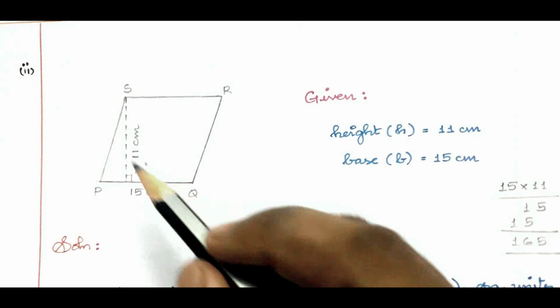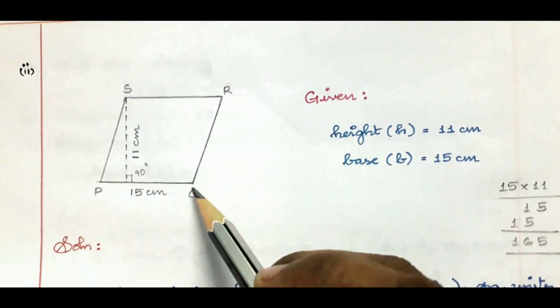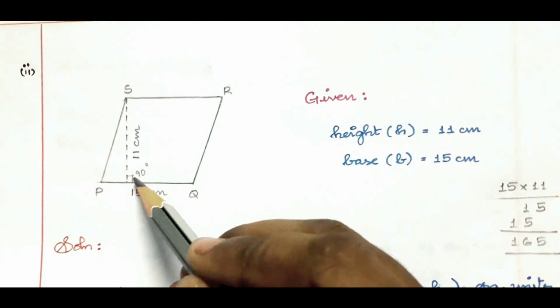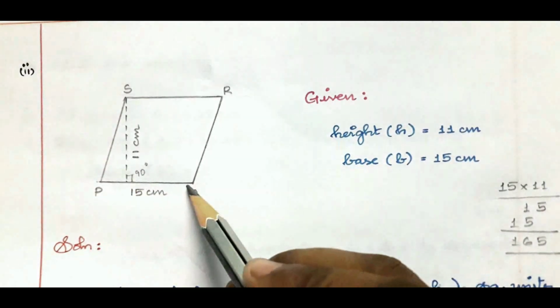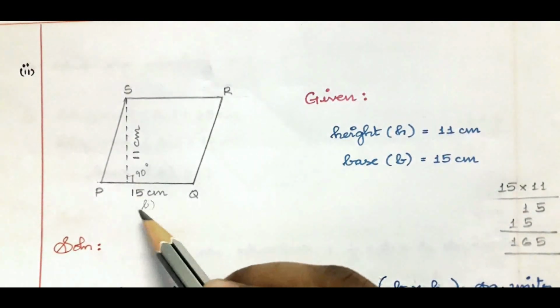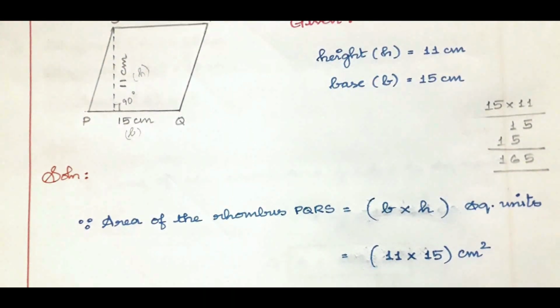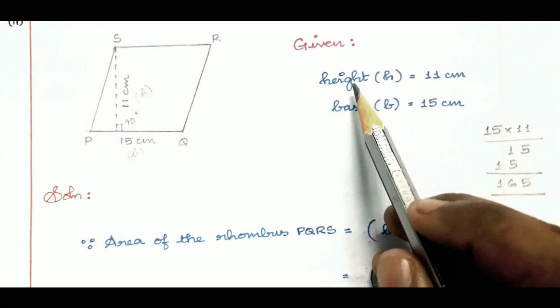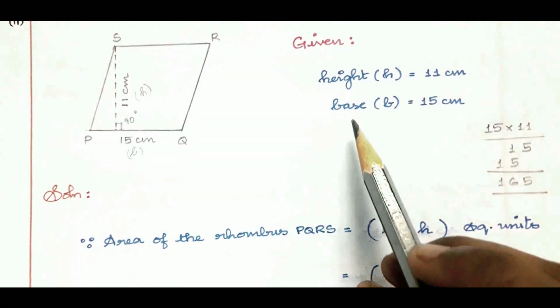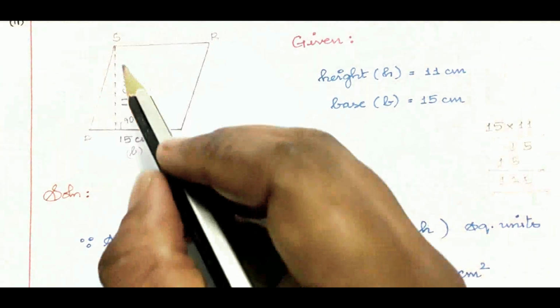So, whenever a line from a vertex meets a line segment and makes 90 degree, then the line segment opposite to that height is said to be the base. Therefore, base is nothing but 15 centimeter and height is nothing but 11 centimeter. Clear? Okay, so as given here, I have written it, height h is equal to 11 centimeter, base b is equal to 15 centimeter.